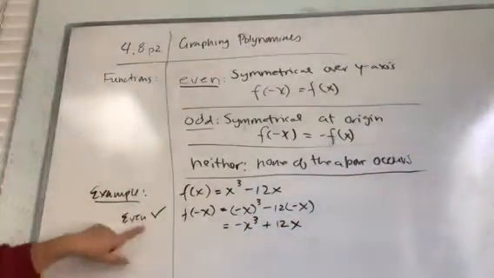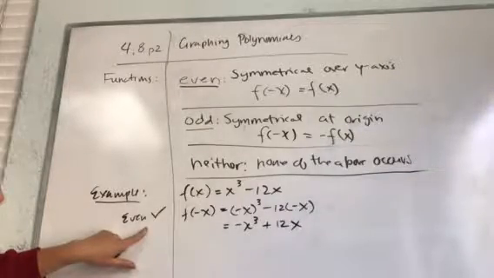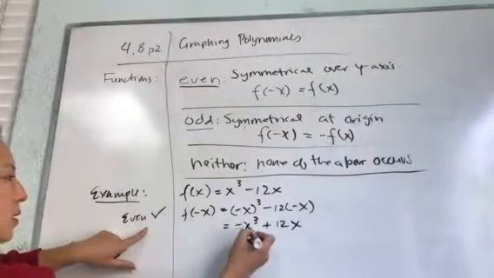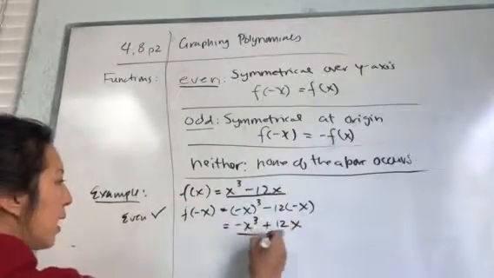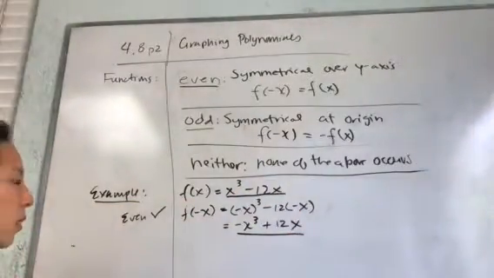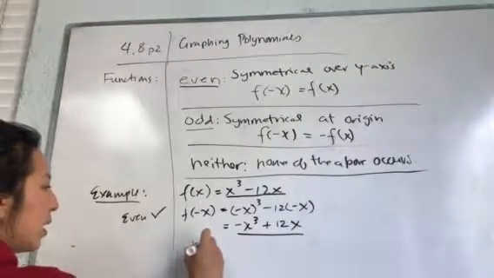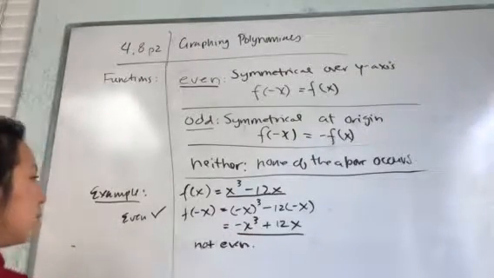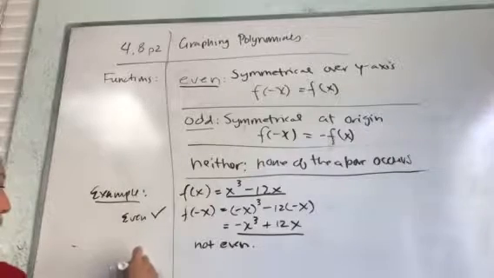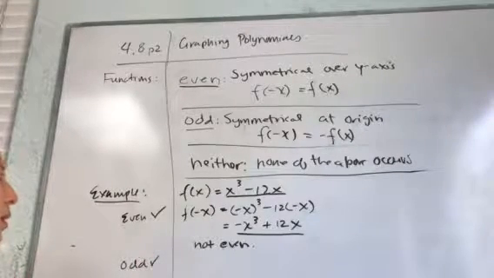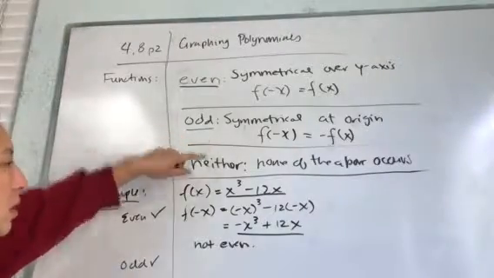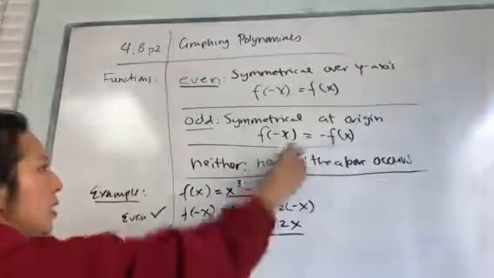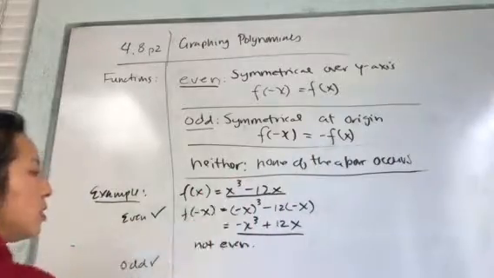Now the question is, if it's even, then the negative version of this is going to yield the original equation. So is this equal to that? No. So my conclusion is that it's not even. All right, so let's do an odd check. Now if it's an odd function, then if I put negative x into my function, I should get the negative version of the original.